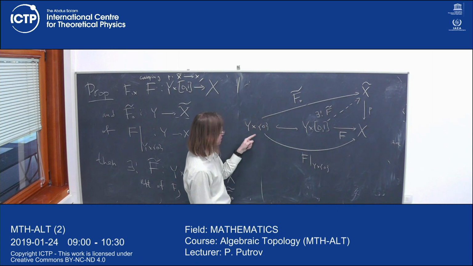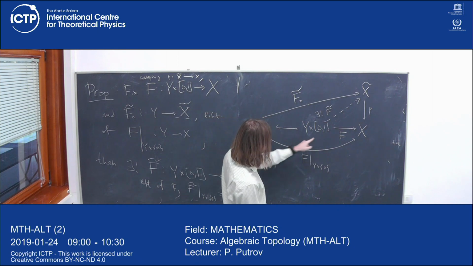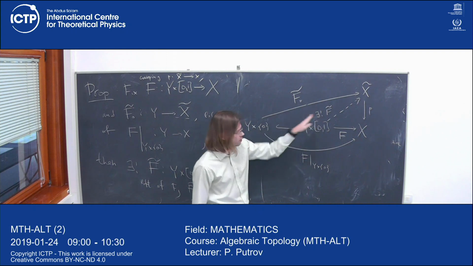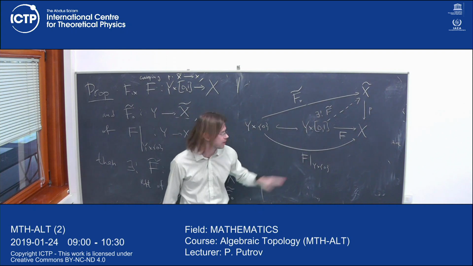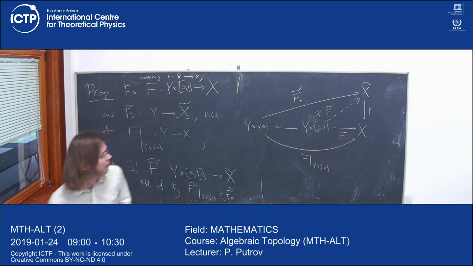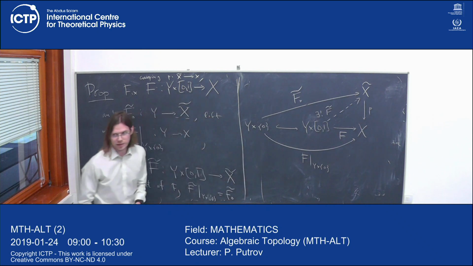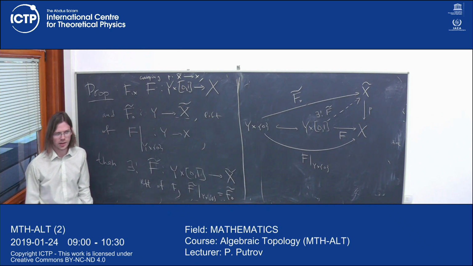Once we're given a lift of the restriction of this map at the beginning of the interval, this should completely determine the lift of the map itself. Is the statement of the theorem clear?